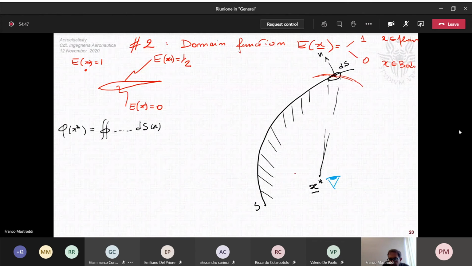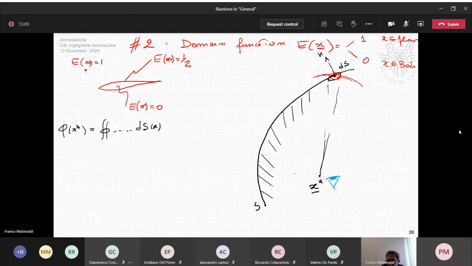And beside ds, I have also the elementary surface on this sphere, like this. Okay, and look, we have a vector, and this is the x point.